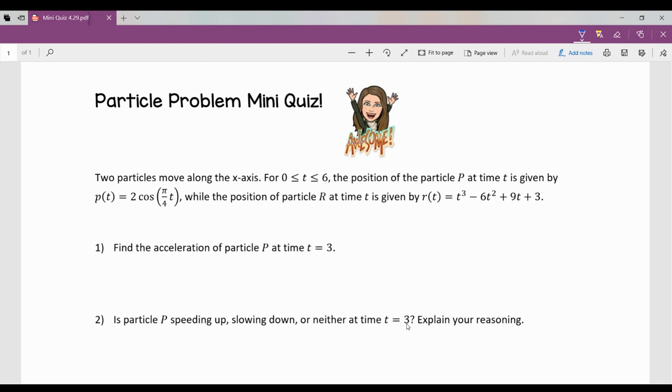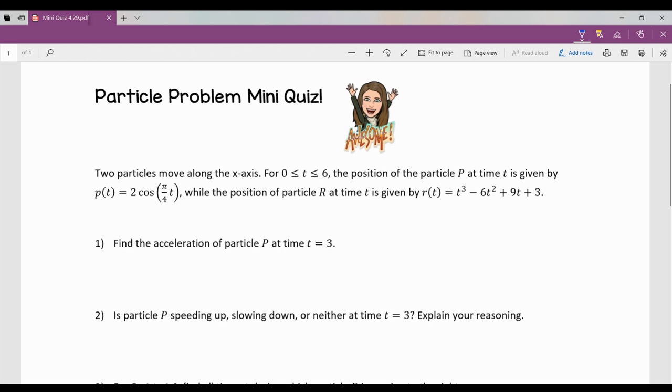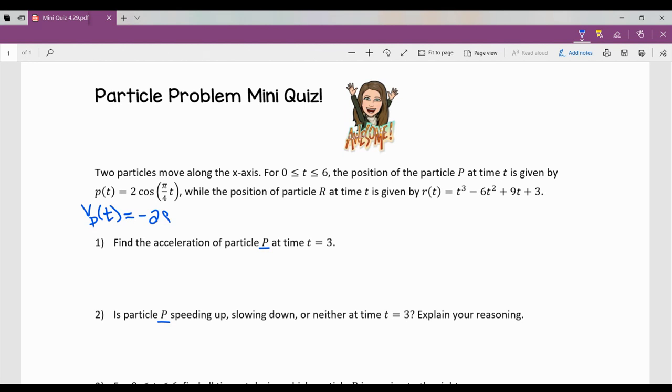So for 1 and for 2, it's asking about particle P. So I'm going to start out with particle P to find the velocity function. For particle P, it's the derivative. So it equals, derivative of cosine is negative sine, so -2 sine.